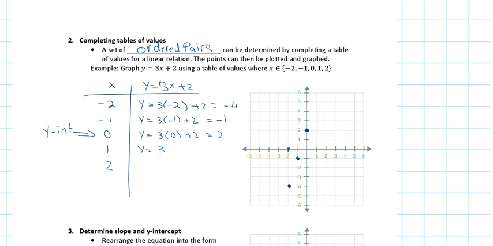So 3 times 1 plus 2, so 3 times 1 is 3, plus 2, that is 5. So that's going to be 1, 5. I don't think I can fit the last point, but I'm going to find it. So y equals 3 times 2 plus 2, so that's 6 plus 2, that is 8. I can't put it on my graph, so I'm just not going to bother putting it.